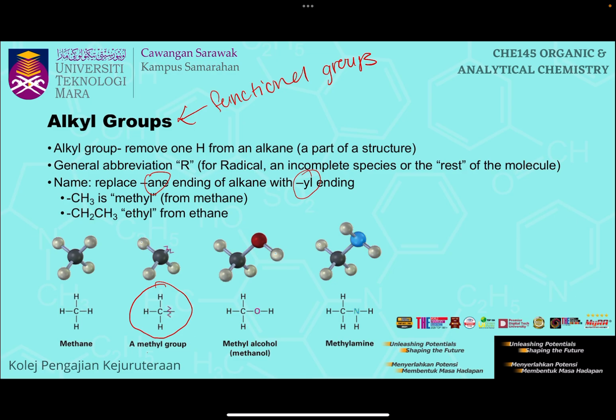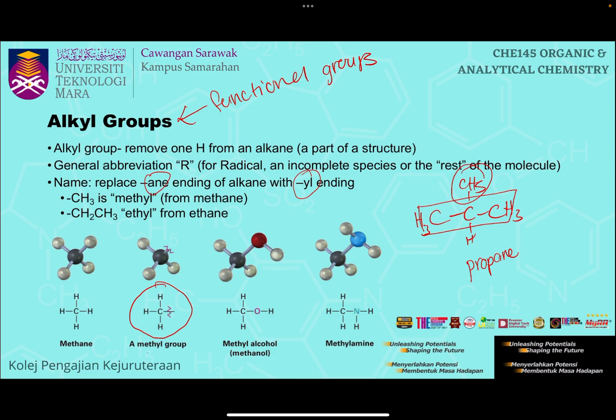So for example, here's one example. This longest chain would be 3 carbon, so prop. All single chain, so propane.